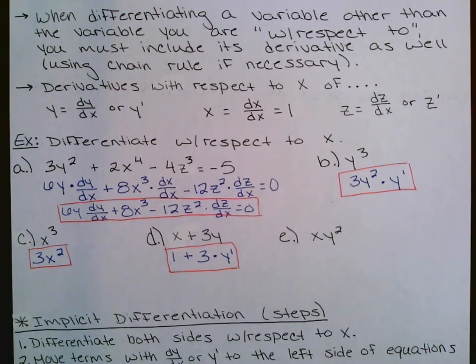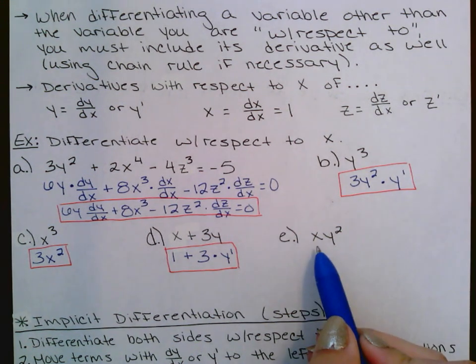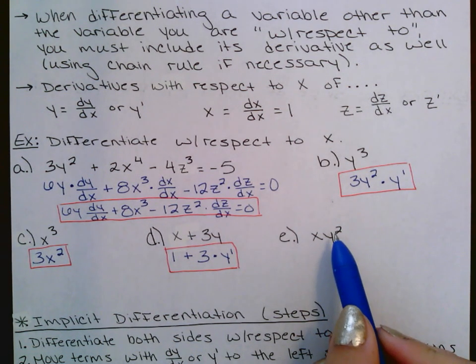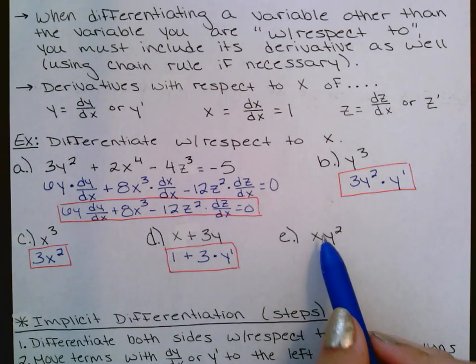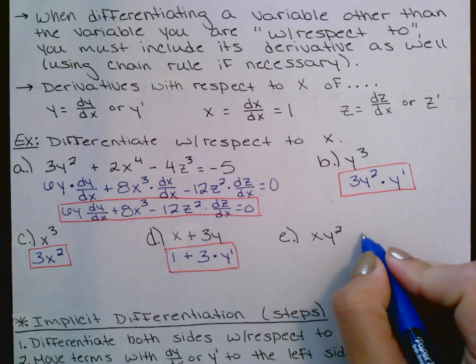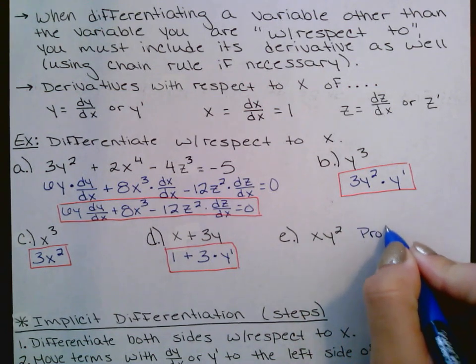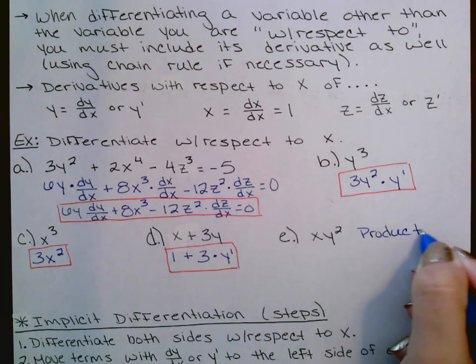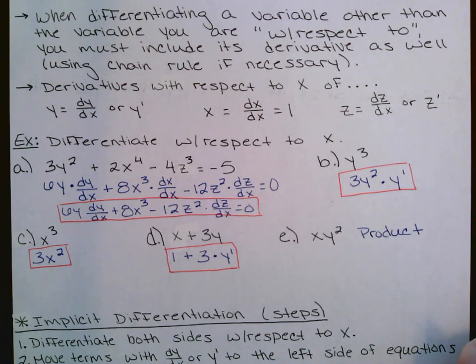All right, let's pump it up a little bit. If I'm doing the derivative of x times y squared, this is the first time that we're seeing it separated by multiplication instead of by addition and subtraction. I do have to take the product rule into account because there is multiplication. So now I'm starting to combine these rules.